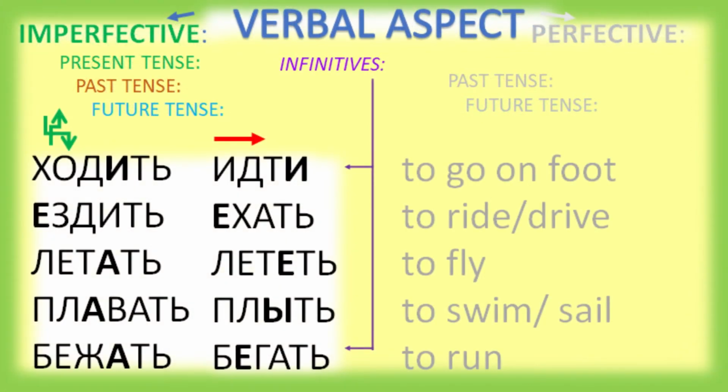Imperfective or unprefixed verbs of motion come in pairs. The multidirectional verb ходить and the unidirectional verb идти, to go on foot. Ездить, ехать, to ride or to drive.